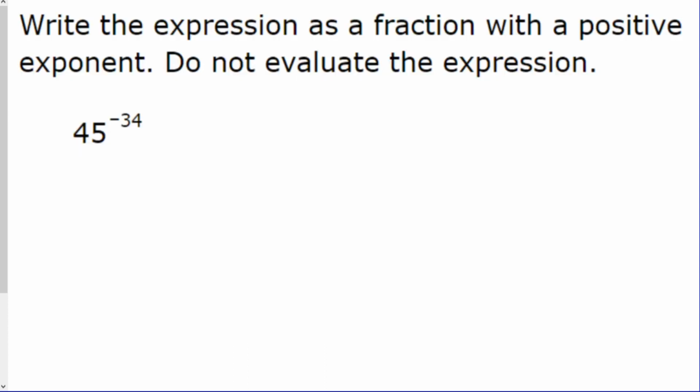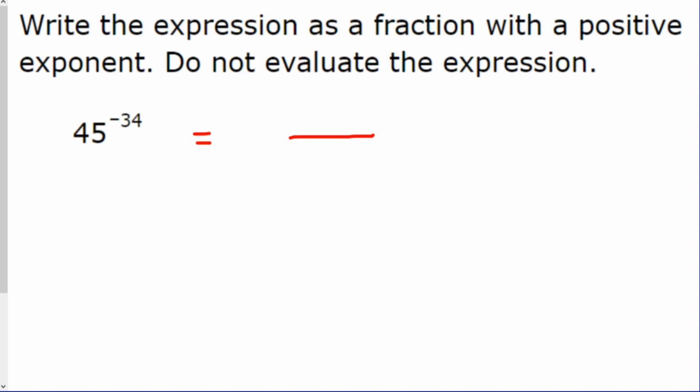All right, and read these problems carefully. It does not want you to actually do the math. It wants you to write it as a fraction, with some number on top and some number on the bottom. And you need to have a positive exponent. It says do not evaluate.